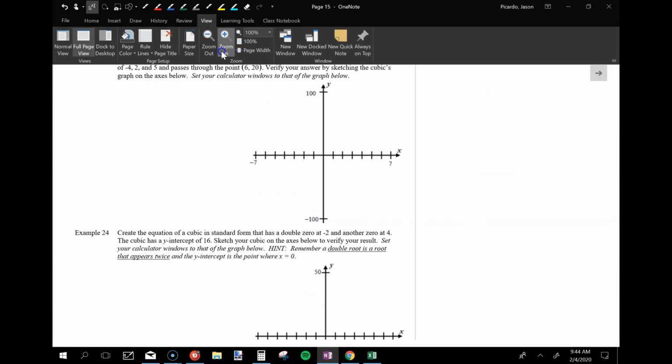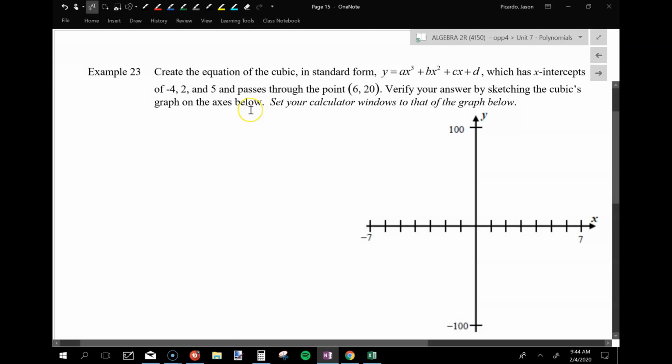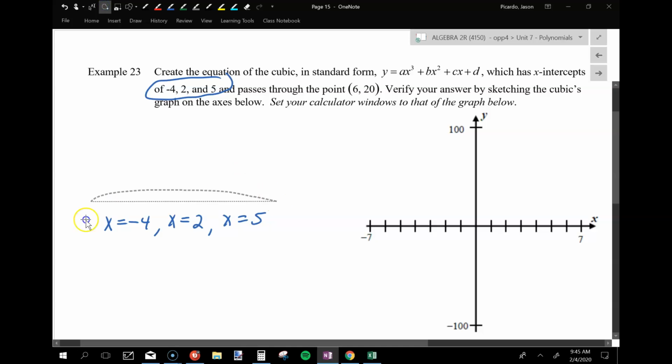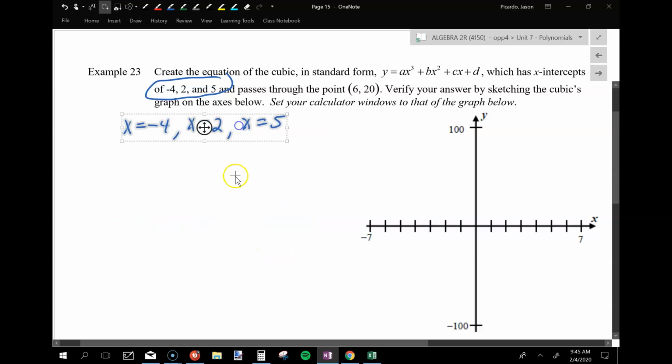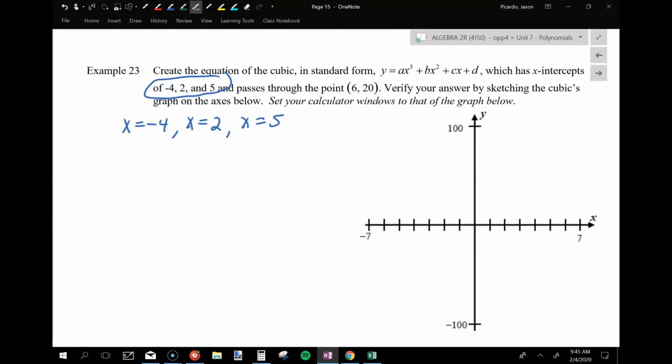All right, so I can make these a little bit more challenging, not all that much more challenging, but a little bit. What do I say? I say that these are the roots. I have a root of -4. I have a root of 2. I have a root of 5, correct? So if those are my roots, what are my factors that create those?